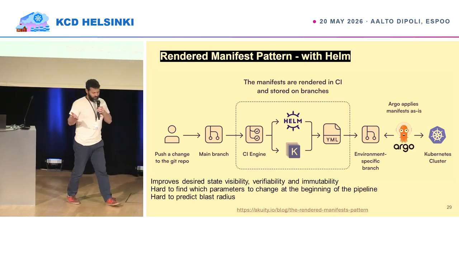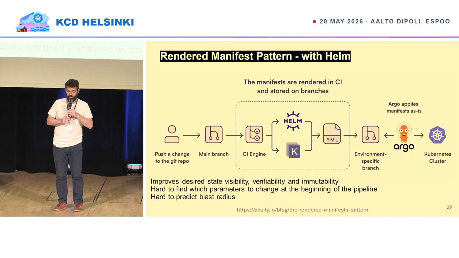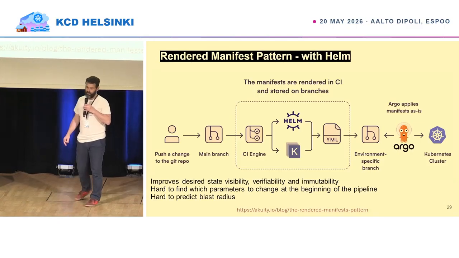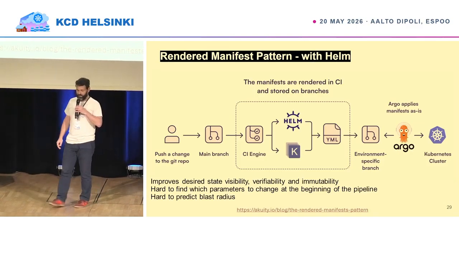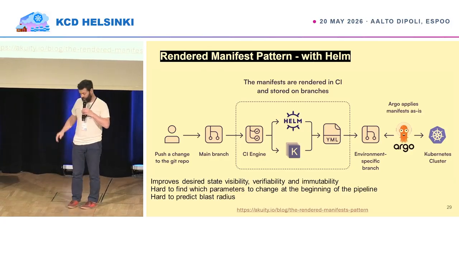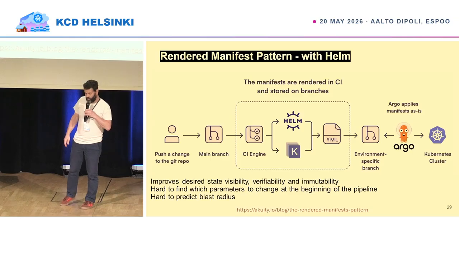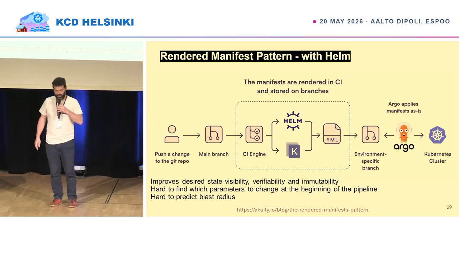Why kpt is important, and I wanted to bring an example from the Helm world. There is this pattern called the rendered manifest pattern. So if you're using GitOps, you are rendering your manifests into a branch, and you use that to apply it to the cluster.